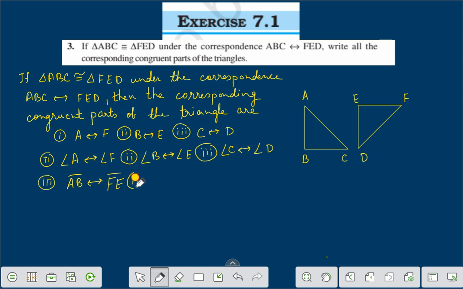Number 2, AB corresponds to FE. Side BC corresponds to side ED.